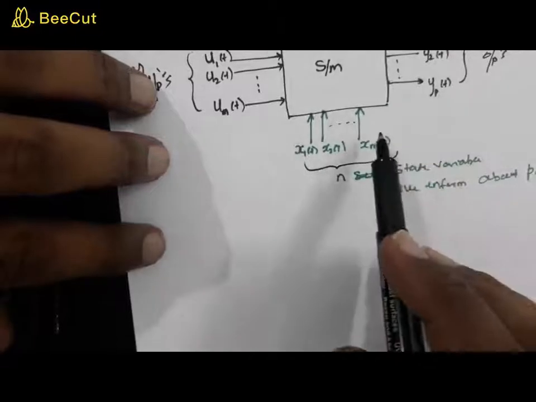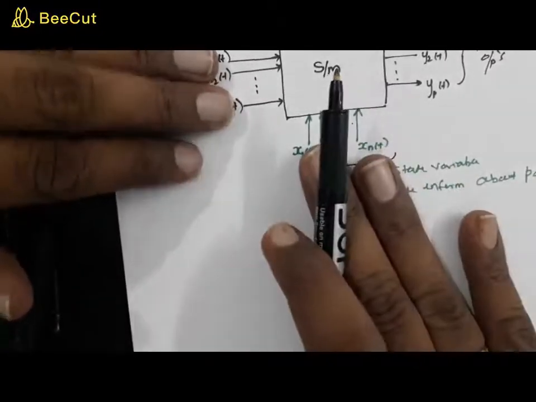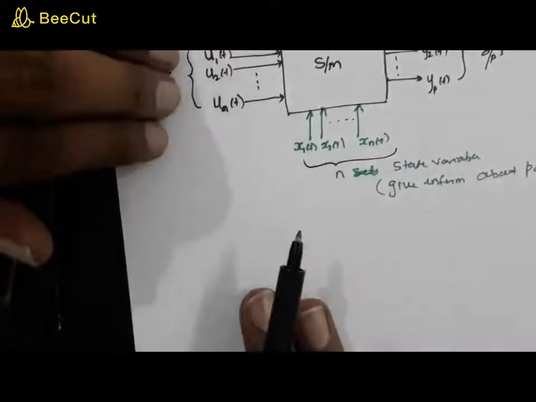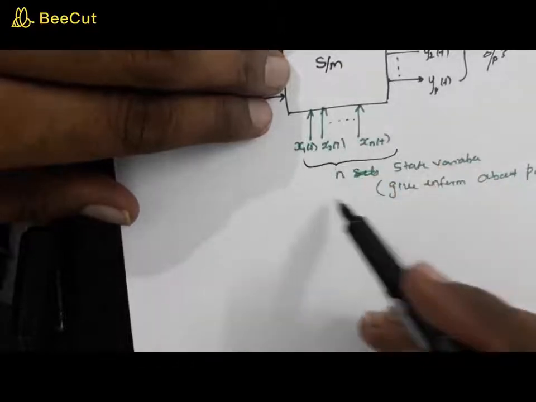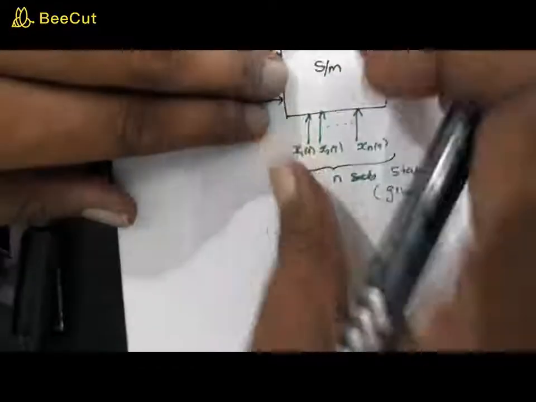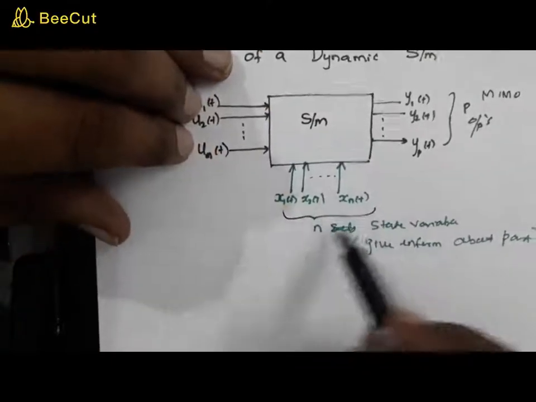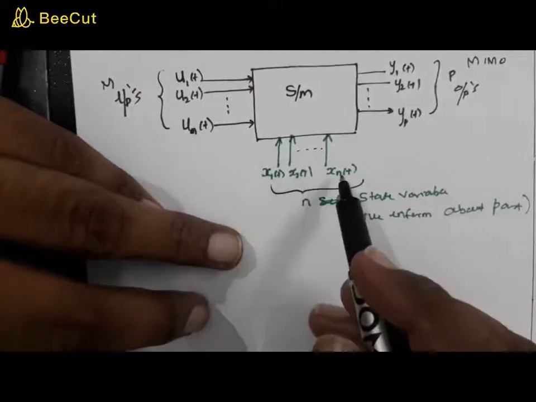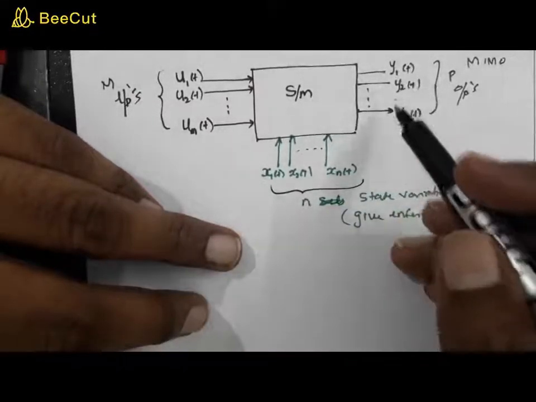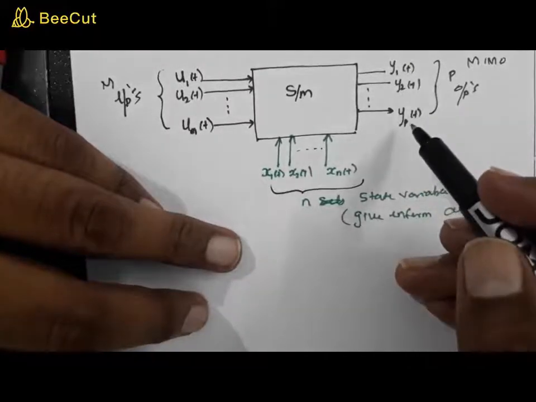As far as this system is concerned, there are two sets of inputs given to the system. One is the main input that you give, and the other set is the inherent input that it already has even before you give the input. That is represented by state variables x1 to xn, and this results in p outputs, y1 of t to yp of t.